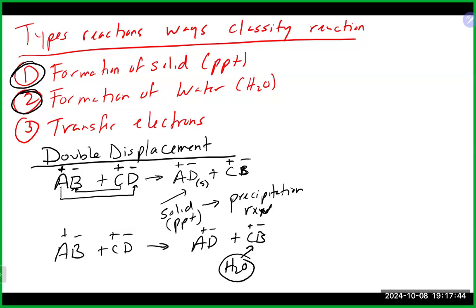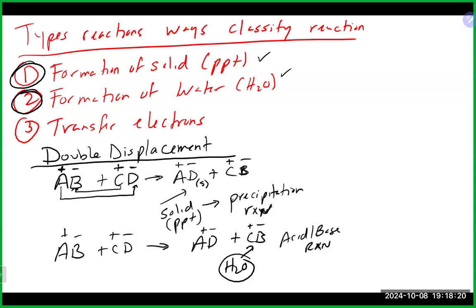That very commonly occurs, as we will see, in acid-base reactions. So acid-base reactions, or acid-base neutralization reactions, are a more specific classification of a double displacement reaction. Between those two reactions, a precipitation reaction and an acid-base neutralization reaction, both of which are double displacement reactions, two of the three reasons why a reaction takes place are covered. Either you formed a solid or you formed water.